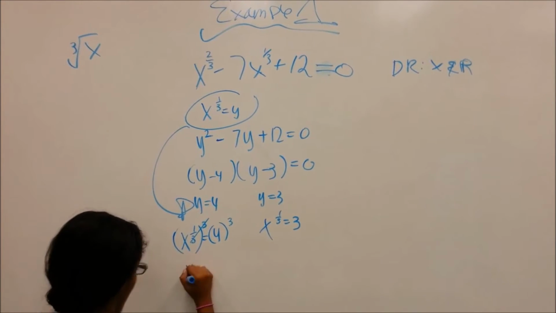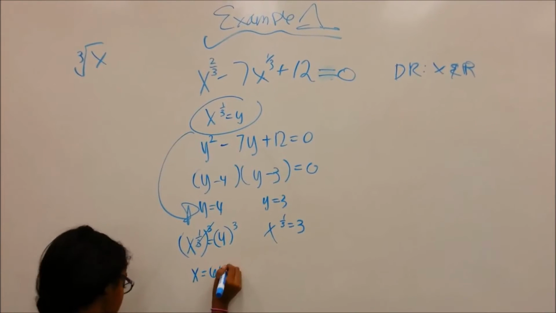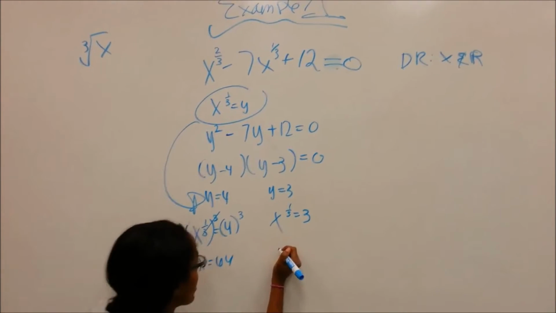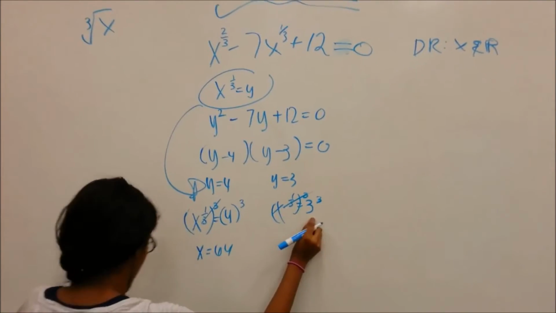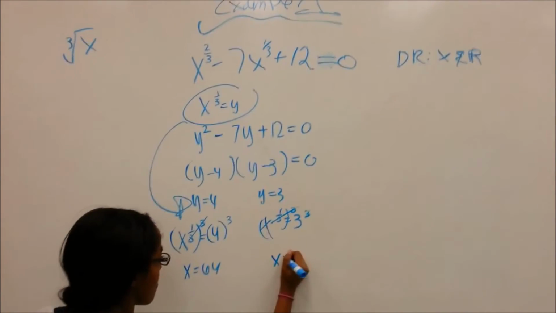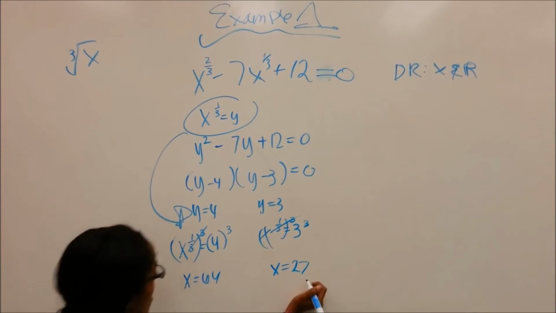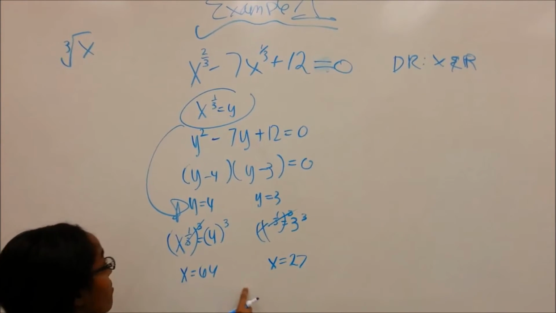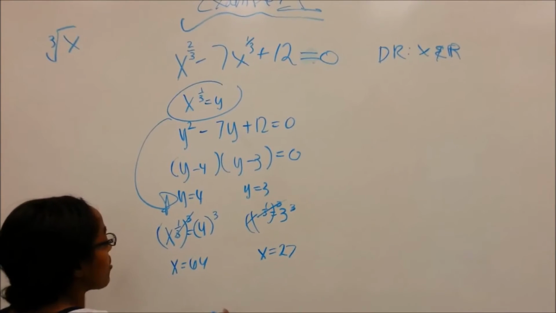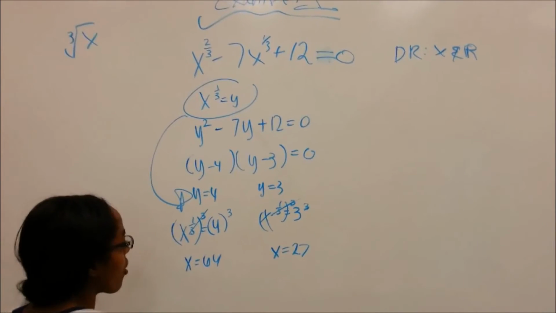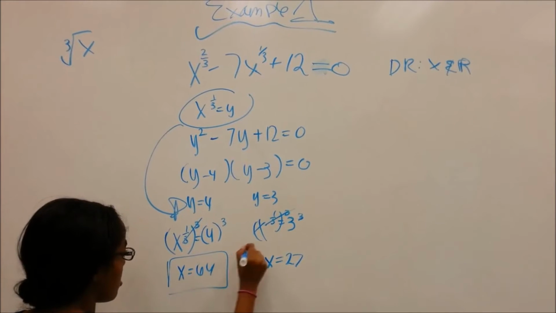So what you're left with is x equals 64. And you do the same for over here. Power it to the 3rd to cancel out the 1/3, 3 to the 3rd, and that means x equals 27. But after you find the solution, you have to go back to the domain restriction and see if it fits. And since the domain for this equation is all reals, these are the 2 answers.